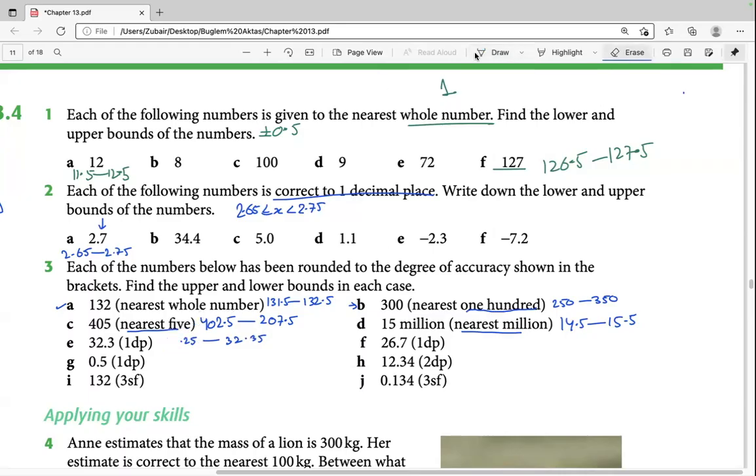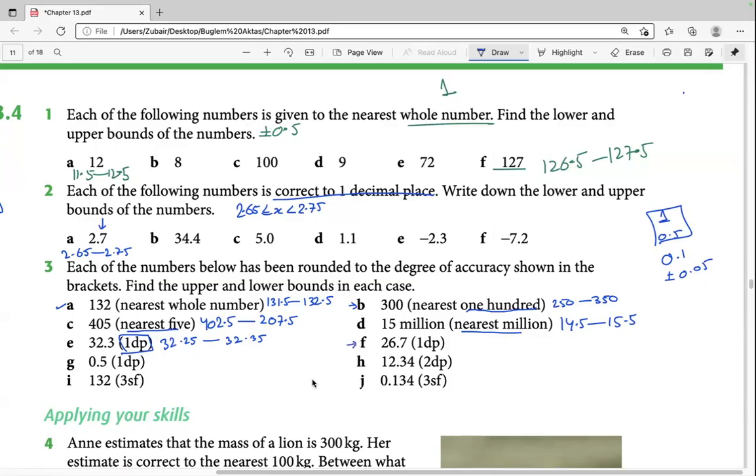So for this one, we're subtracting 0.5, right? No, no, no. This is one decimal place. If it would have been to the nearest one or unit, then 0.5. But this is already one decimal place. This is 0.1 already. So plus minus 0.05. Okay.